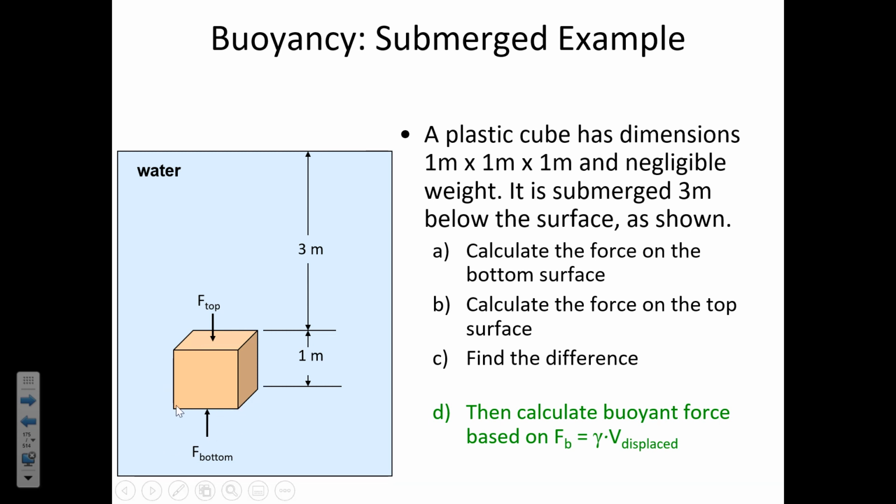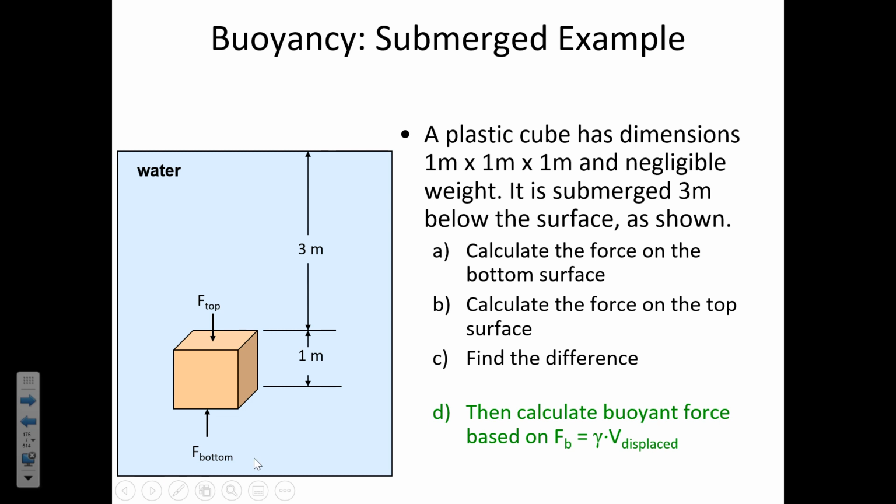So the hydrostatic force that's pushing upward is going to be 39,240 newtons.